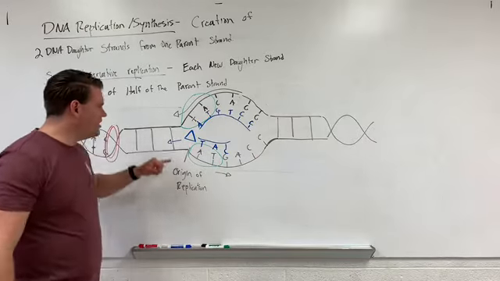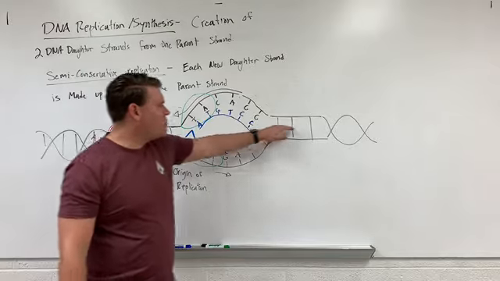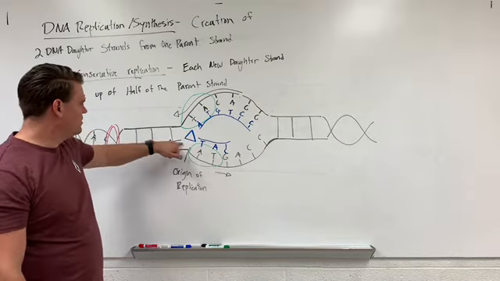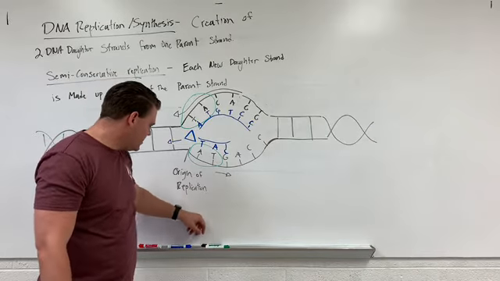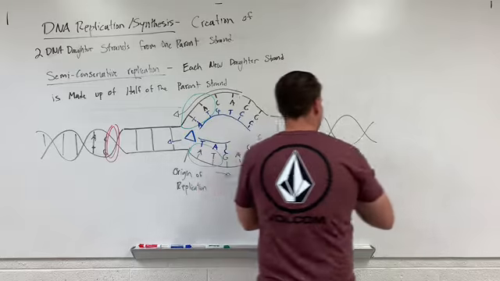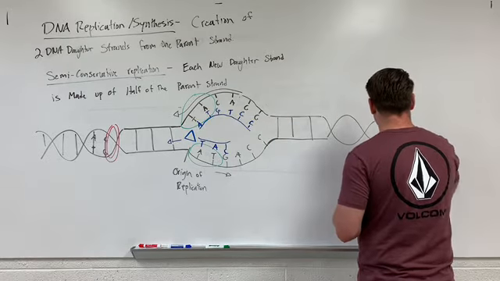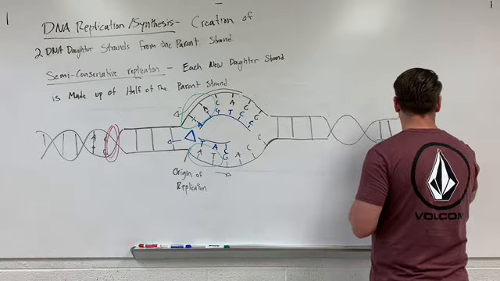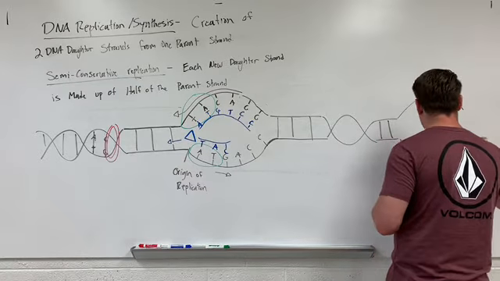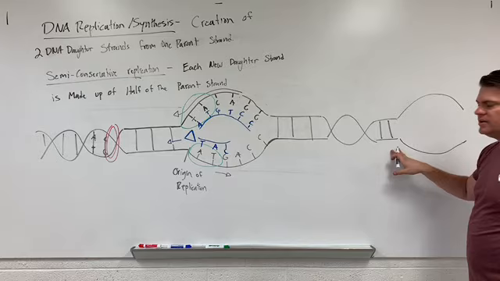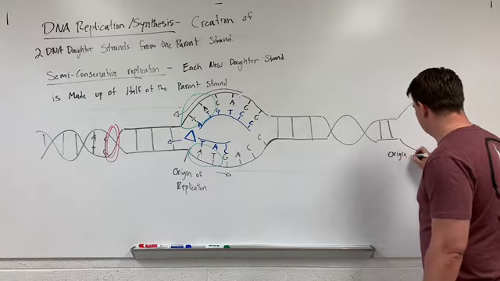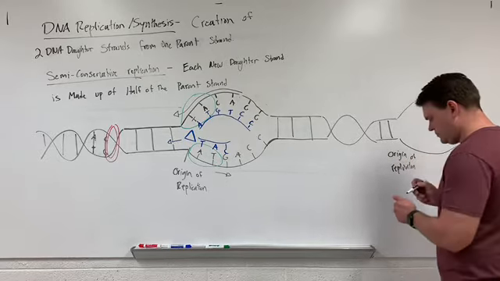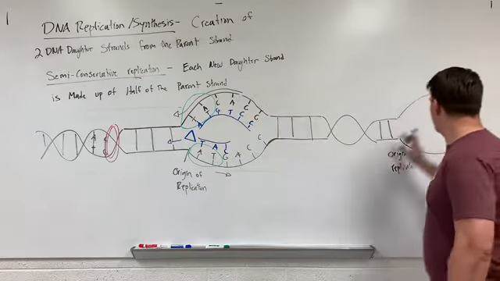But there's one thing that's a little bit different, is that there's not a guy opening up this end. So when it gets here, it's actually going to be done, because further down here there's going to be another origin of replication where all of this will be starting and happening again.